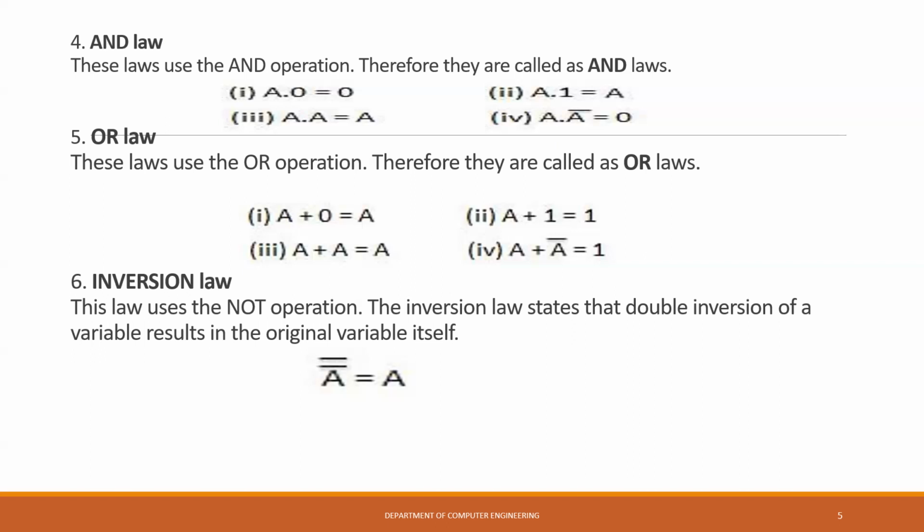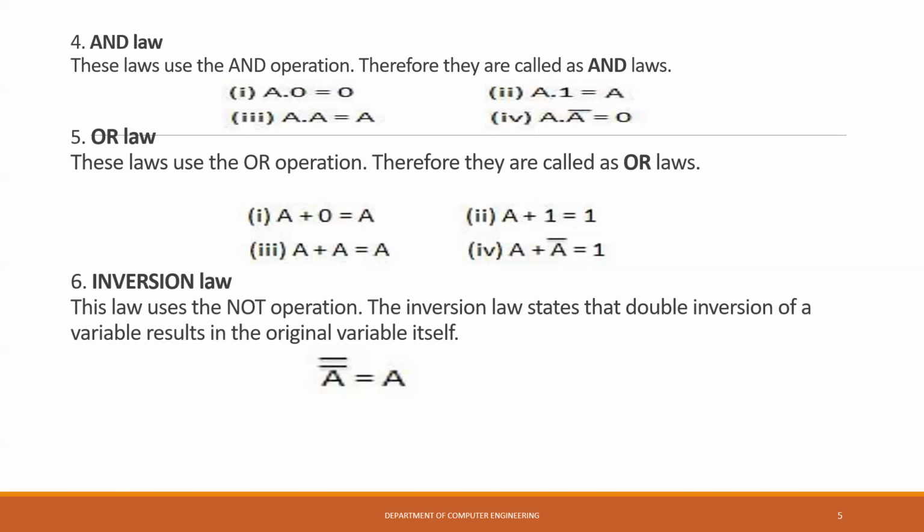Now the fifth one is the OR law. The OR law indicates the addition operation or addition operator. The OR operator is used to indicate the OR laws. The first one is A plus 0. We can write it as A because the output depends on the value of A. A may be 0 or 1, 0 plus 0 or 1 plus 0.